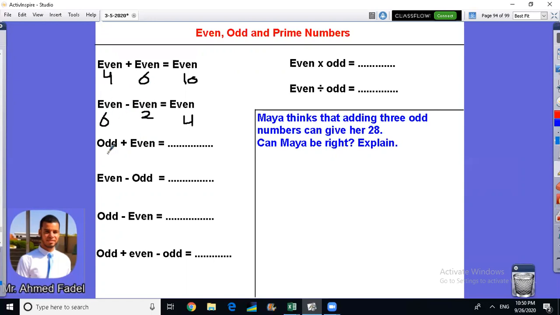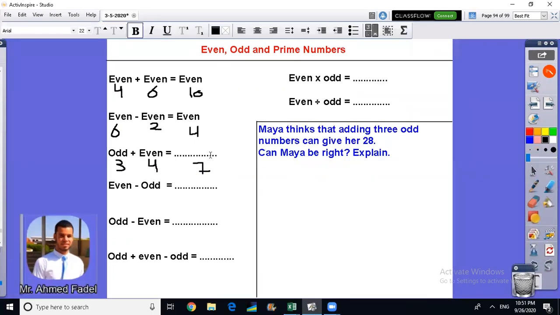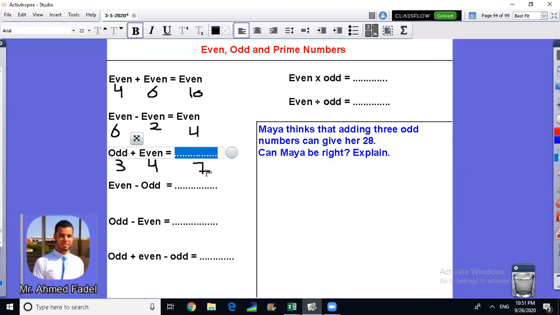So any odd number that comes to your mind, try to make it easy, not to waste time. So I choose here, for example, 3 plus any even number. I'm going to choose 4. The answer is going to be 7. So any odd number plus even number is going to give you odd, because 7 here is odd.